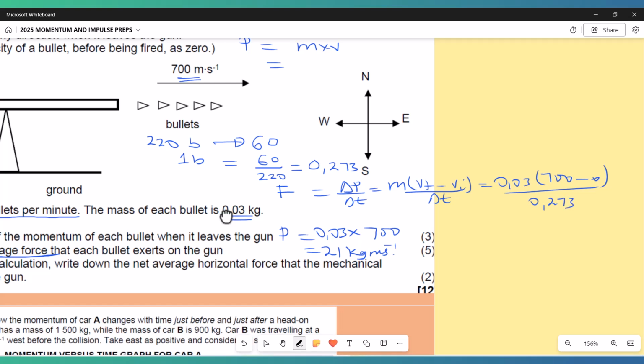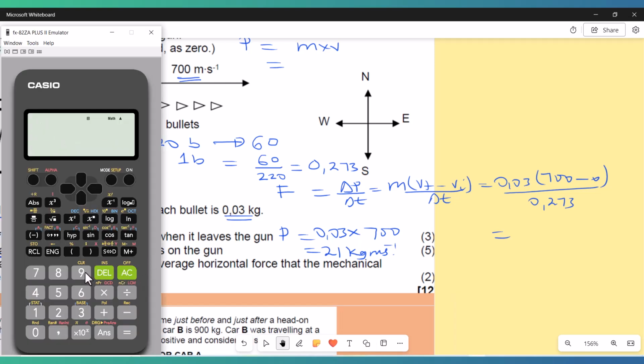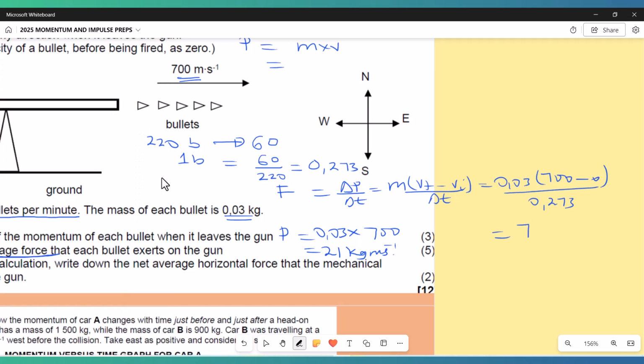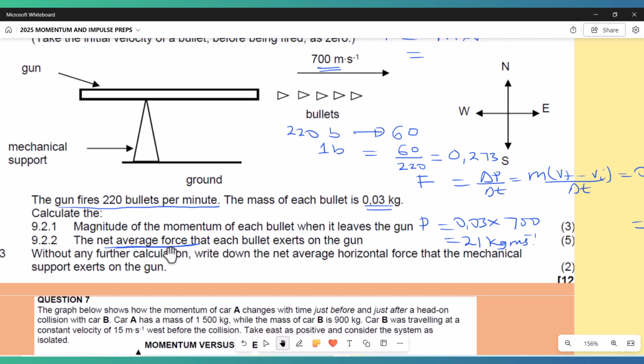Change in time is 0,273. So which answer do we get? 0,03 multiplied by 700 minus 0, which is just 700, divided by 0,273, which gives us 76.92 newtons. Because they want the force, the net average force that each bullet exerts on the gun, we need a direction.